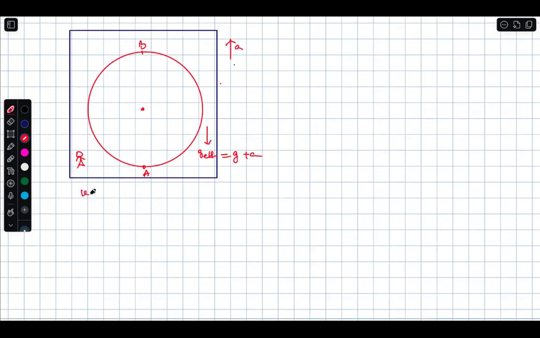So V at A needs to be a minimum of root 5 g effective L. Same tension difference. Don't write 6 mg, write 6 mg effective.